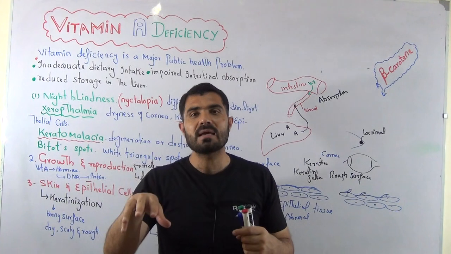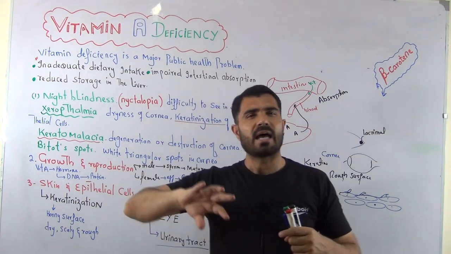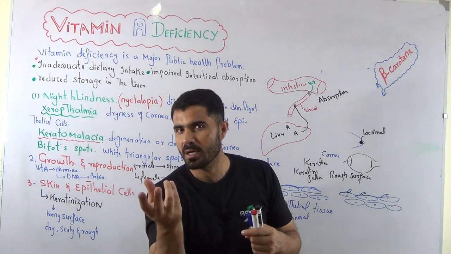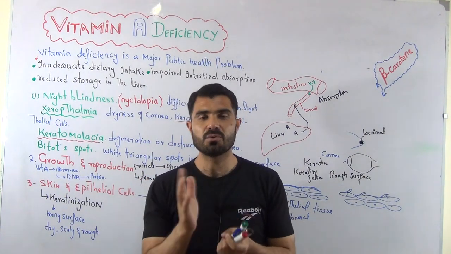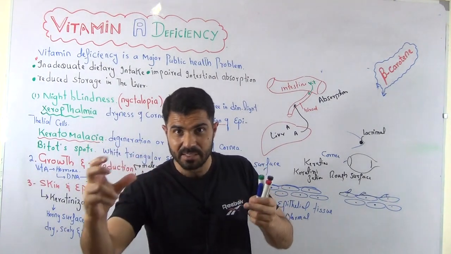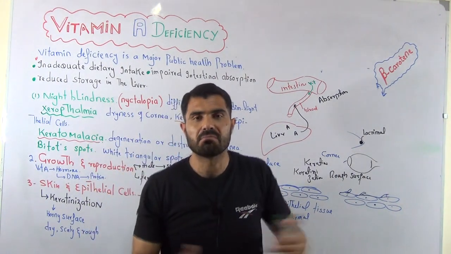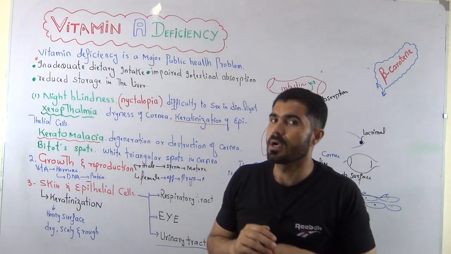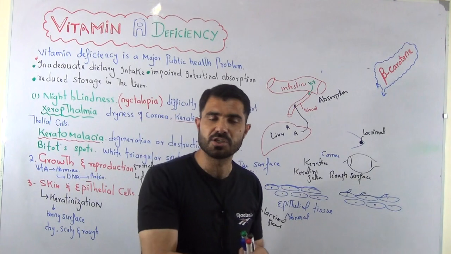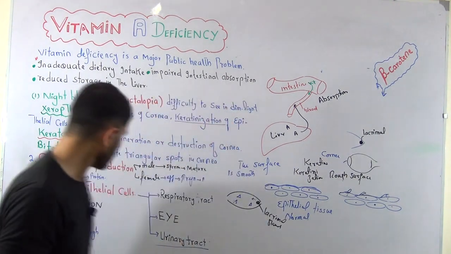The male mice was observed to produce sperms which were immature. You know, for reproduction, the sperm cells, the male gamete cells, need to be mature, but these were not mature. So vitamin A deficiency causes great issues in reproduction.